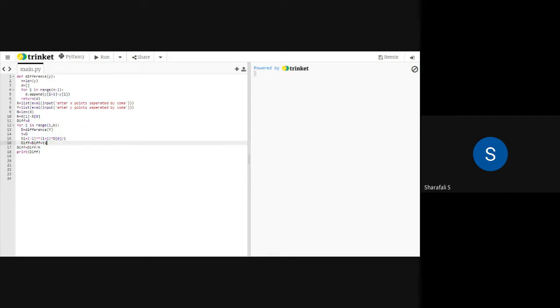And then you have to add that value with your previous differentiation value, that is the value of delta y0. So that has to be added with delta square y0 by 2 with a minus sign. So this one is now delta y0 minus delta square y0 by 2.